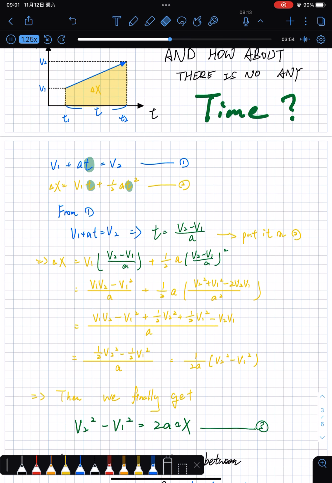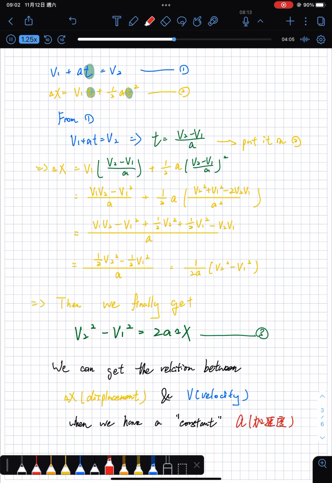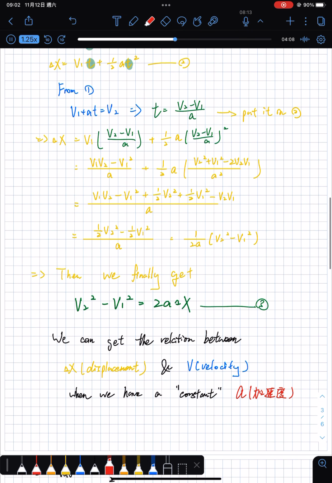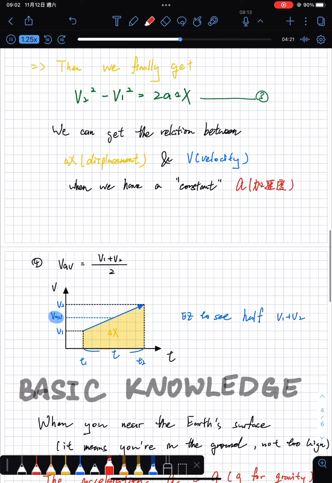Then we get v2 squared minus v1 squared equals 2 times acceleration times delta x, the distance. So we can get the relation between displacement, delta x, and velocity v, also when we have a constant a.